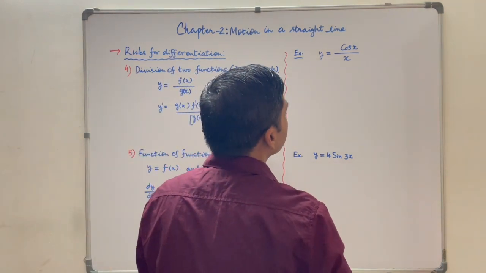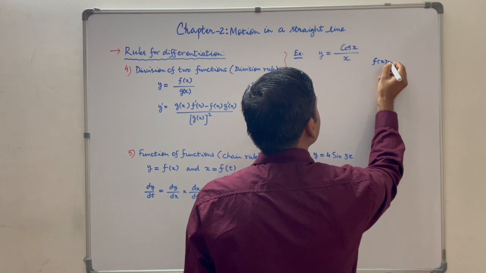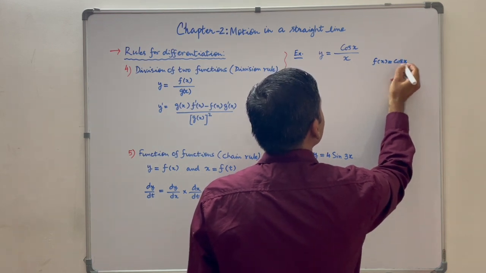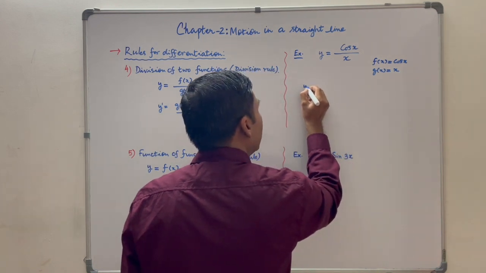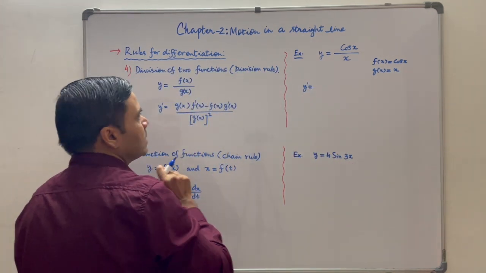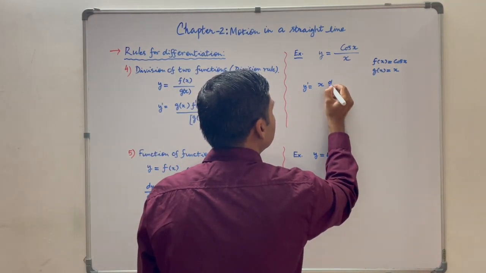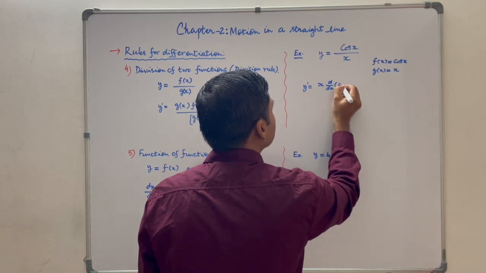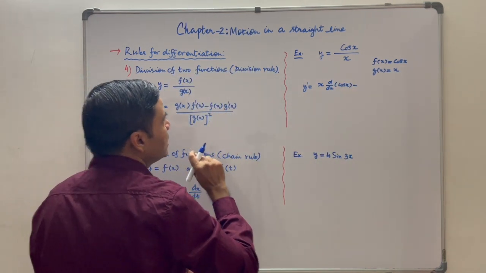Y is equal to cos x upon x. Here fx is equal to cos x and gx is equal to x. So y dash will be equal to gx into f dash x. Gx is x into f dash x will be d by dx of cos x, minus fx into g dash x.